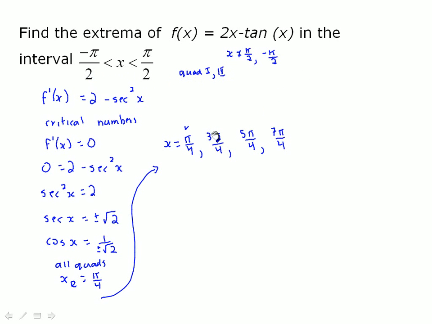So anything that's in quadrant 3 or 2, we have to reject. So this one and this one, in other words. And then this one, 7 pi over 4, has to be written in a negative rotation. So this is actually negative pi over 4. So we need to be aware of that. These are our 2 values for our critical numbers.